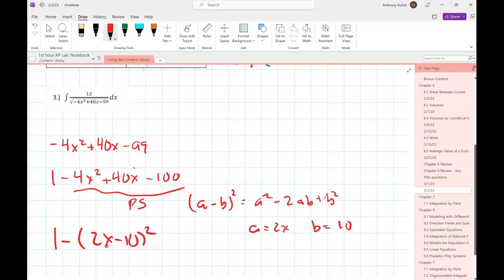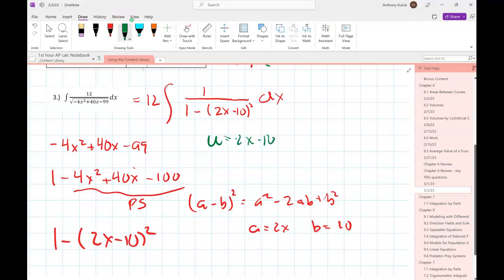Yeah, because if you take the 12 out, that's like sine 2x minus 10, if you did the anti-derivative. Well, close, because you have to do a u sub, so you have a factor 2 rattling around in there also, right? Oh, yeah. So u is 2x minus 10, so du over 2 is going to be dx. So it'll drop down to 6 sine inverse of 2x minus 10.